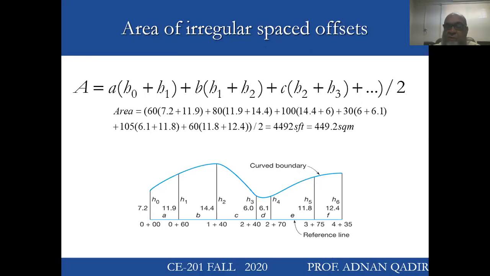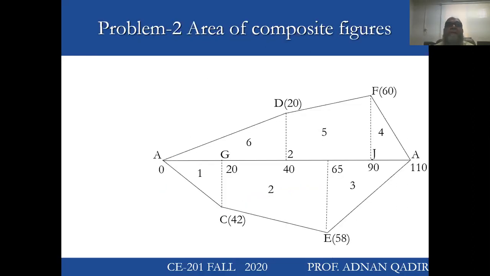Let's move on to the other ways of calculating areas. If you have composite figures like you see here, you can think that this is a closed traverse, and some of you may think, why can't we do it by the coordinate method?